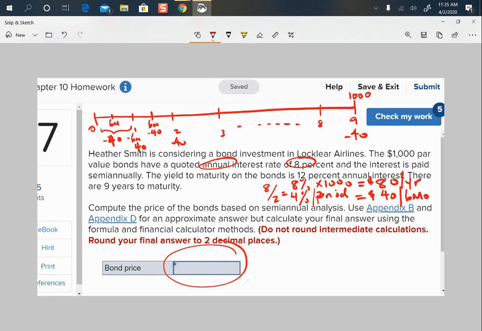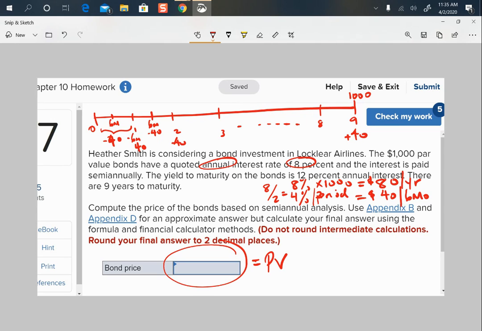You're going to give up the cash today, but in return, you'll be receiving $40 every 6 months, and then at maturity, you also receive $1,000. So these 40s are basically positive 40s and a positive 1,000 at maturity. So again, what you're trying to do is to determine the present value of all the cash flows.